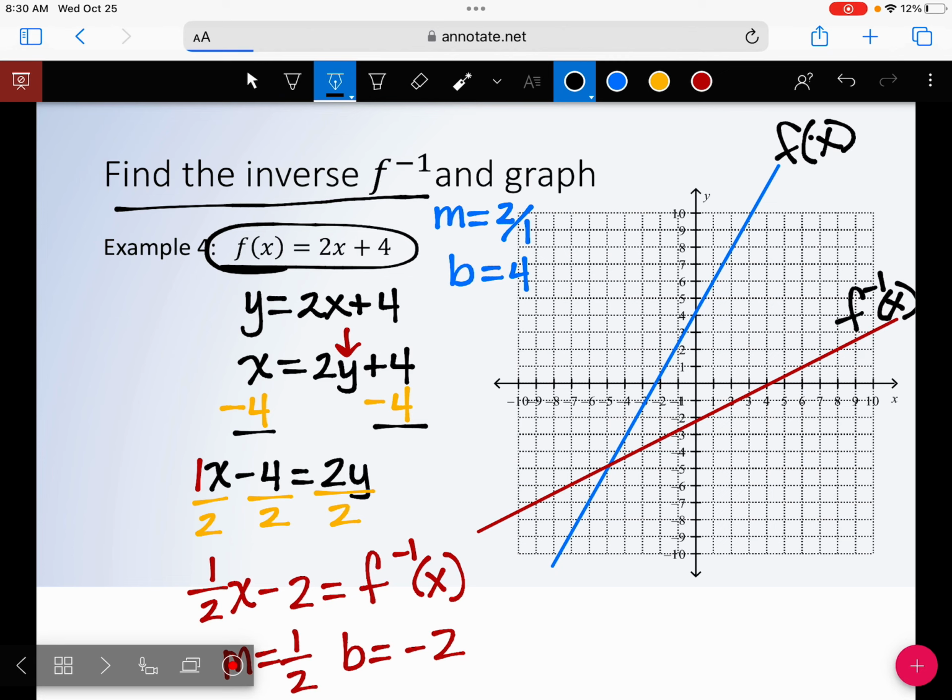For our last three functions, we have a lot more algebra, so we're going to solve some equations. We don't have to graph the last three though. We just have to find the inverse and put it in inverse notation.